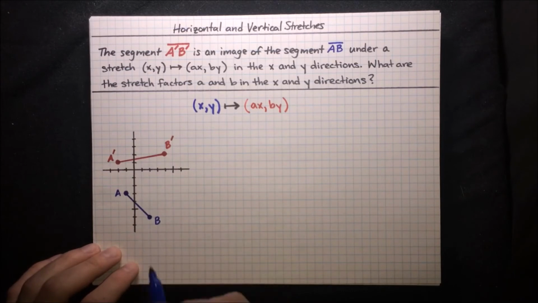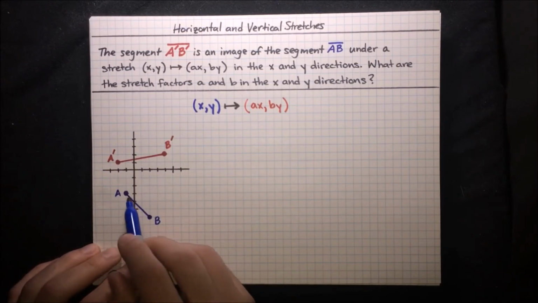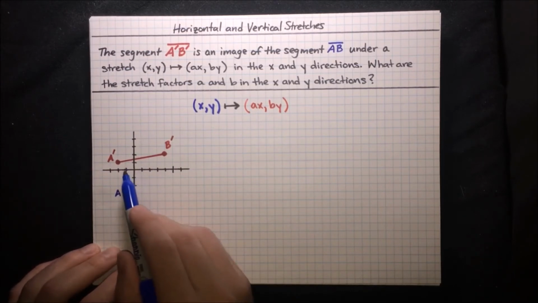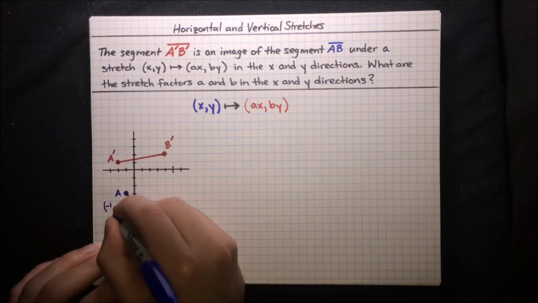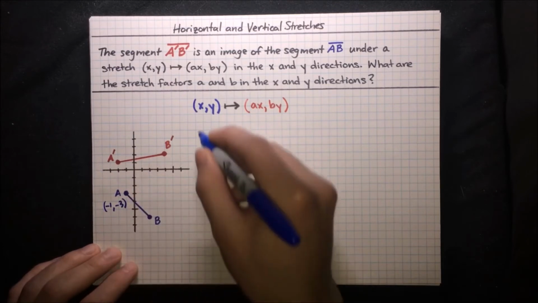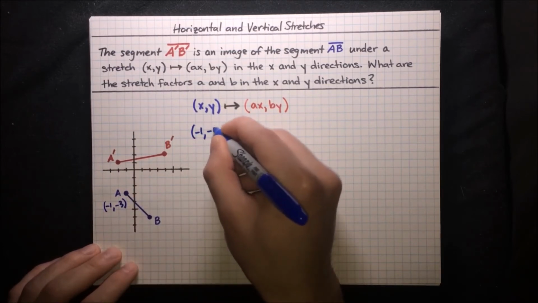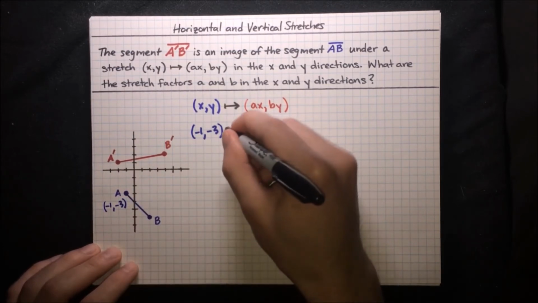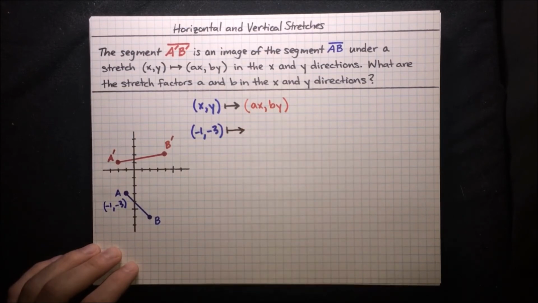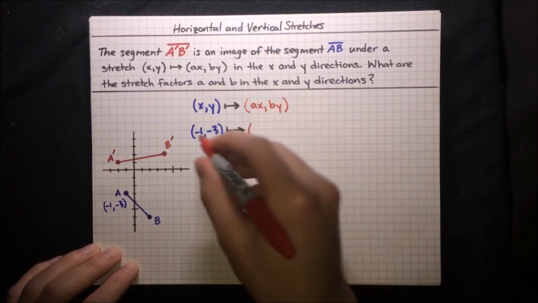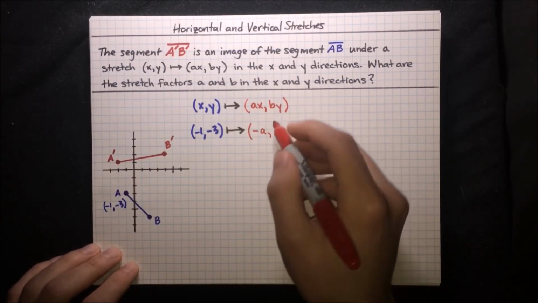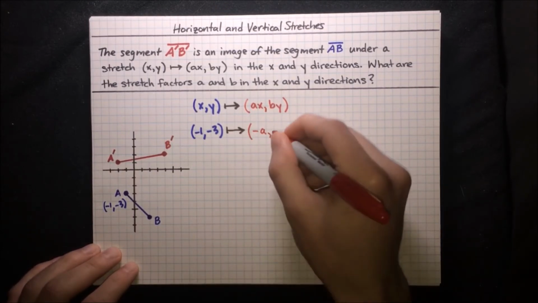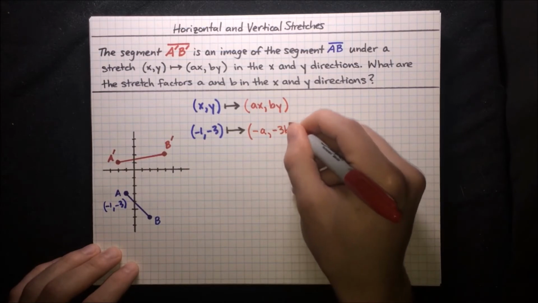Why don't we write down this transformation for the particular points. For the point A, what is the point A? A is -1 and then down 1, 2, 3. So A is (-1, -3). It gets transformed into the point a times -1, so just -a, and then b times -3, which is just -3b.